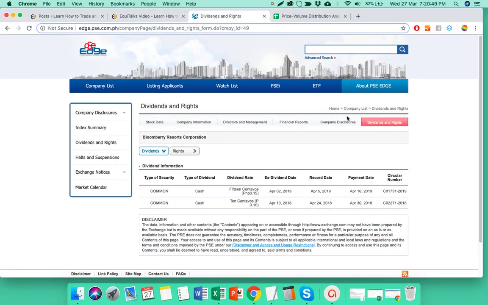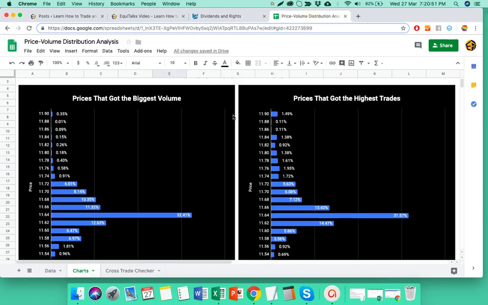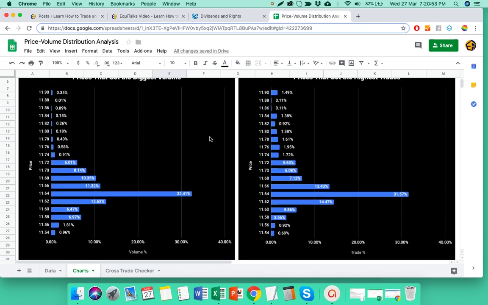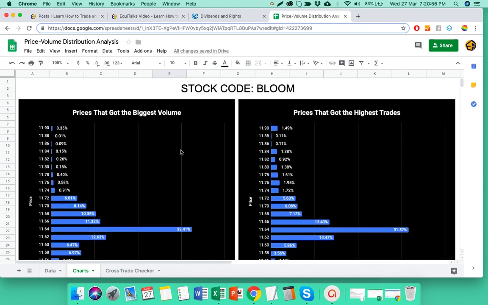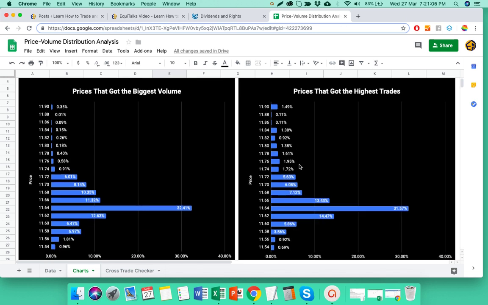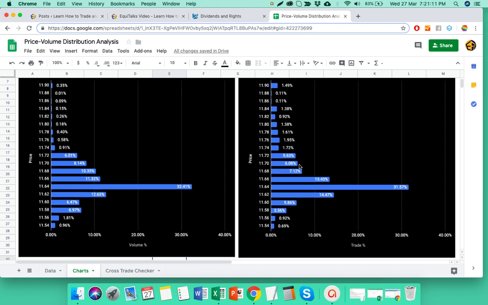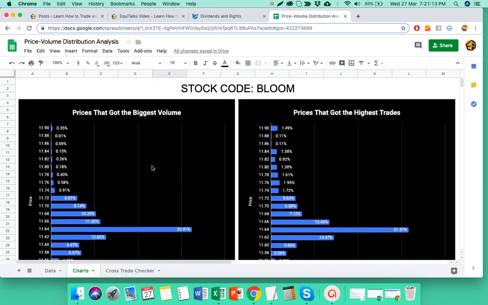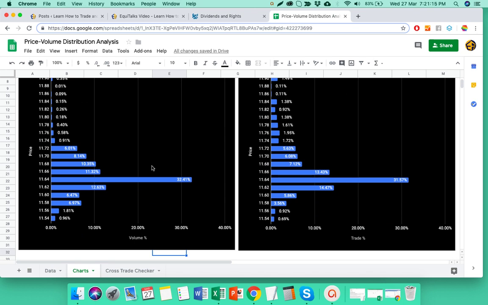Okay, now let's take a look at the price and volume distribution analysis for Bloom. On the left chart, I'm showing you the prices that got the biggest volume, and on the right chart, I'm showing you the prices that got the highest number of trades. So for today, Wednesday rather, March 27, the range that got the biggest volume is from 11.58 all the way to 11.72.